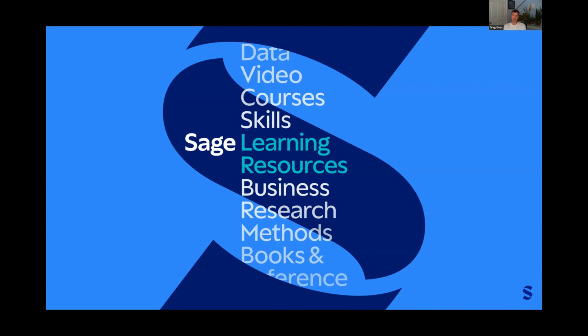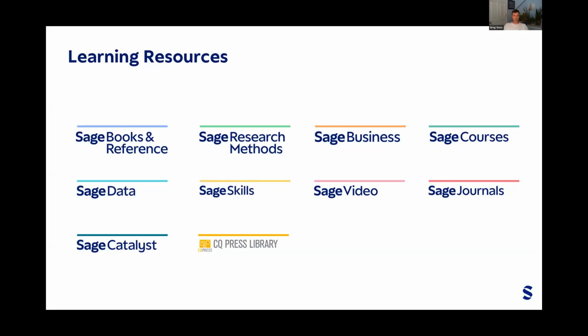There's lots of cross-disciplinary content, and multidisciplinary nature is embedded within each one of these resources. As we look away from this screen, this is just a snapshot of the overarching titles contained within the Sage Learning Resources. What you'll notice absent are Sage journals.